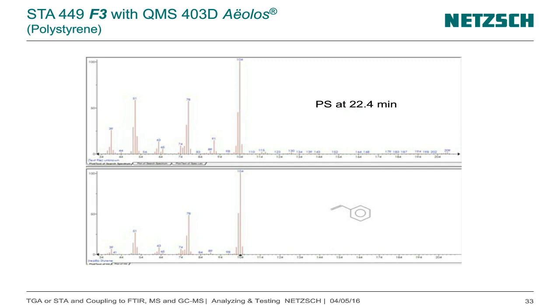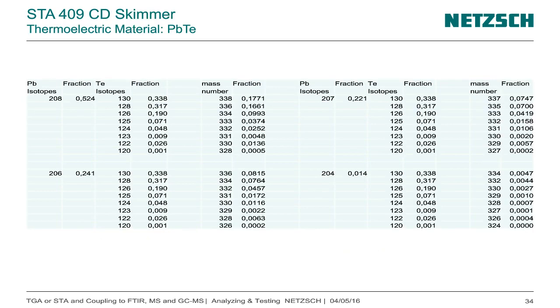Now for the high temperature range, I took an example of one of my colleagues who measured lead telluride. For sure you could think about which mass numbers could be important for the lead telluride, and there you must take the isotope tables and have a look which mass numbers could be there.